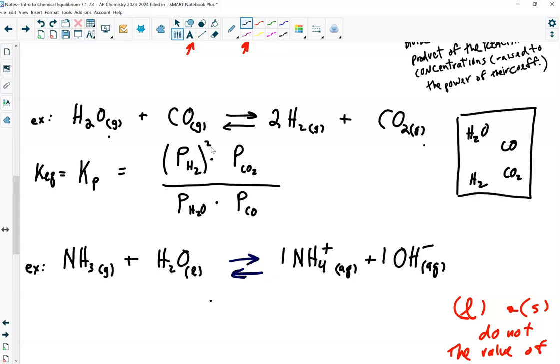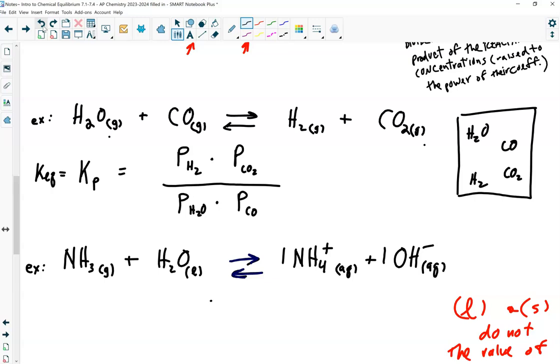Do not put brackets around it, because brackets mean one thing, and that's concentration. But that coefficient really isn't there. So at this point, that would be the value of the equilibrium constant for this reaction at whatever temperature it was run at.